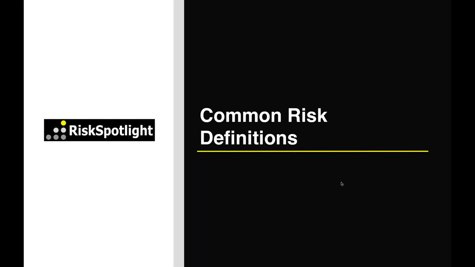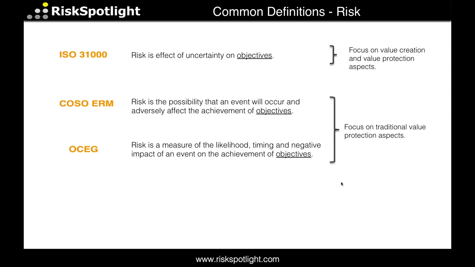So then let's expand and look at some of the common definitions we have of risk before we go and look at the definitions of operational risk. So here are three widely adopted definitions of risk. ISO 31000, we saw earlier, risk is effect of uncertainty on objectives.